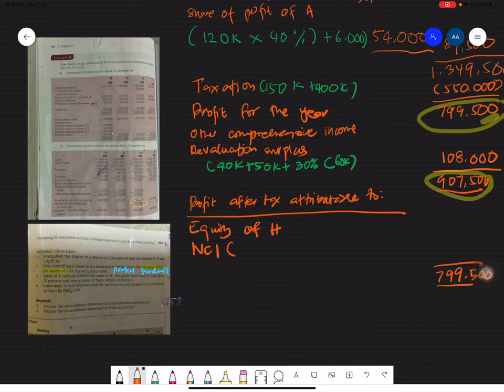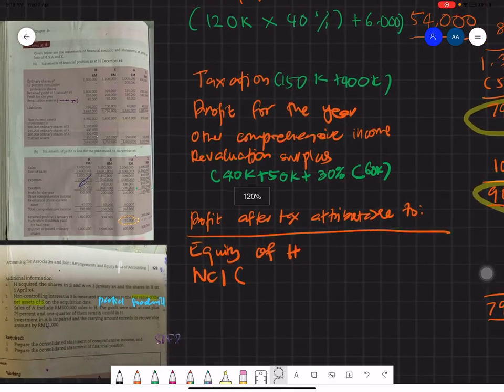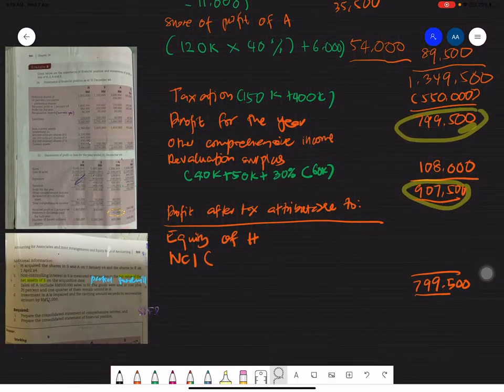So you look at the account of S. Profit after tax of S is actually 200, so take 200,000 times non-controlling interest at how many percent? 10%.